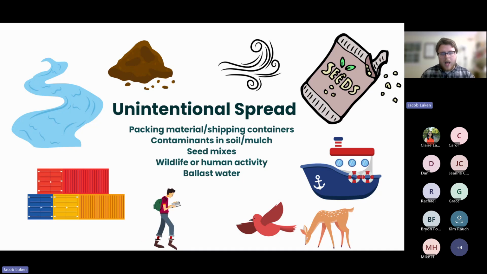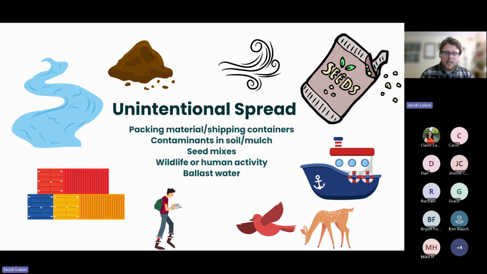If you're interested in any of these species specifically or learning more about what you can do, our contact information will be at the end, and we'd be happy to answer any of those questions. We also have our question and answer at the end, so we can do our best to answer then as well.